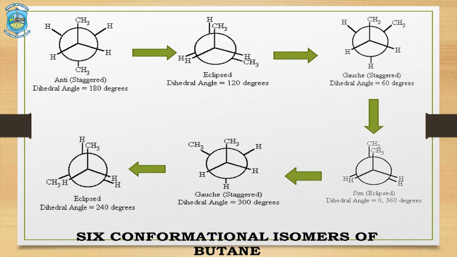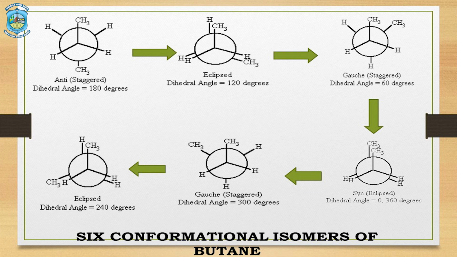Now, studying these structures, you can see that second and sixth and fourth also, they are eclipsed, but fourth one is having greater energy due to the repulsion of two bulky groups and experiencing steric as well as torsional strain. So, if I categorize this structure as the most stable structure, then this structure is the most unstable structure.